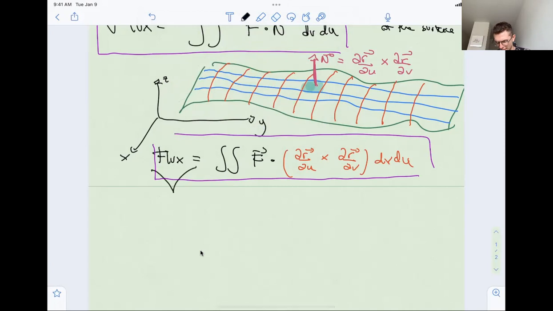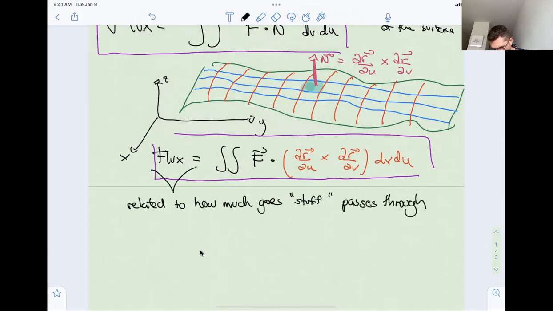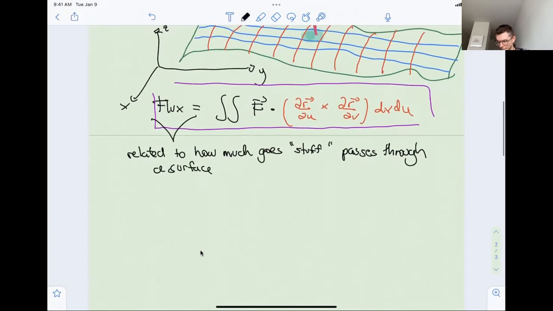So flux is kind of related to how much stuff passes through a surface. Okay. So let's do this example.